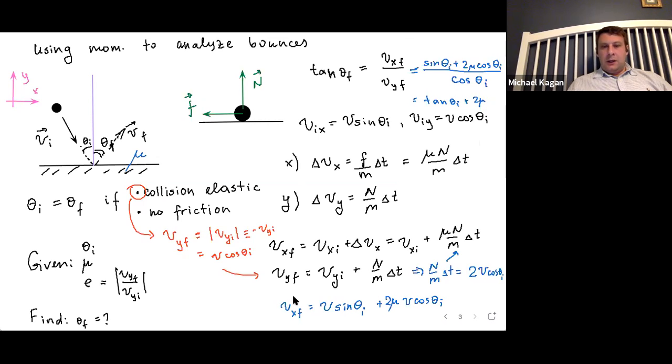So if the collision is not elastic, then you just modify it a little bit more. Instead of a factor of 2 here, you would have 1 plus e. So if not elastic, then delta vy equals 1 plus e times v cos theta initial.